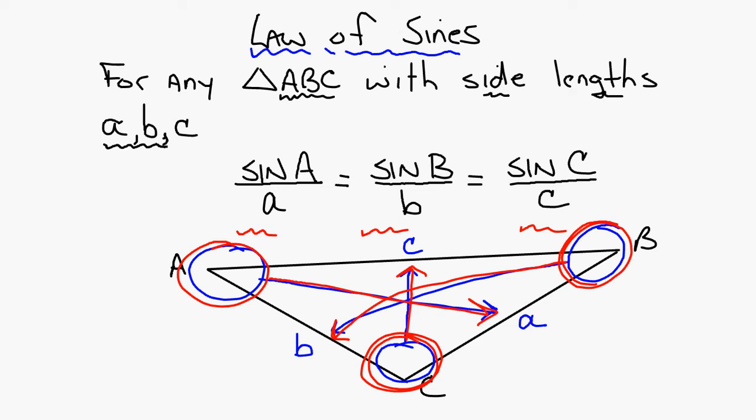Okay? So here's how it works. You're going to be given a triangle, and in this case, they're calling the triangle EDF. Angle E is 32 degrees. Angle D is 105. And side EF is 18.